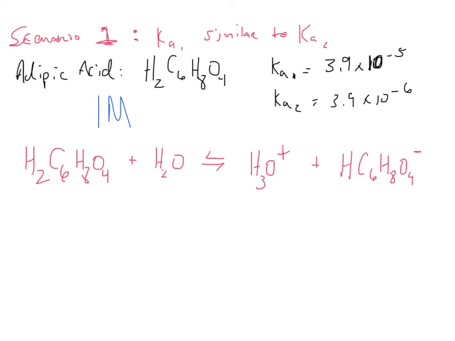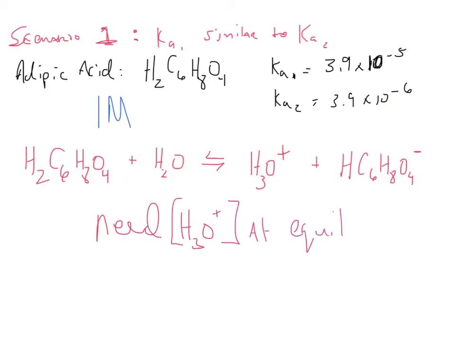We want to figure out the pH, so we'll use an ice table for this first dissociation, and we can solve for the equilibrium concentration of my hydronium. We would need the H3O+ concentration at equilibrium, and this is based on Ka1.